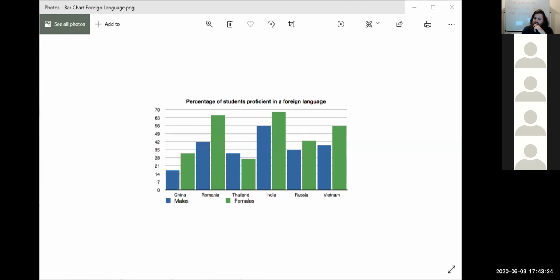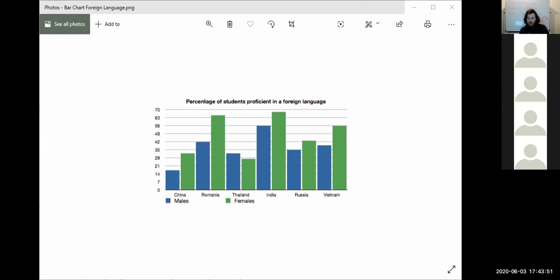Although Vietnam showed similarities to India in terms of their gender trend, what was quite different between these two countries? I'm not sure, but I could say it had about 12% less females who were foreign language proficient. Fantastic.